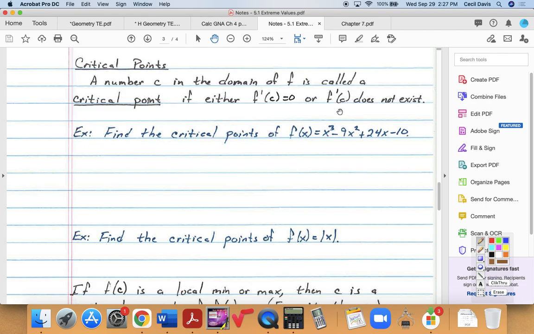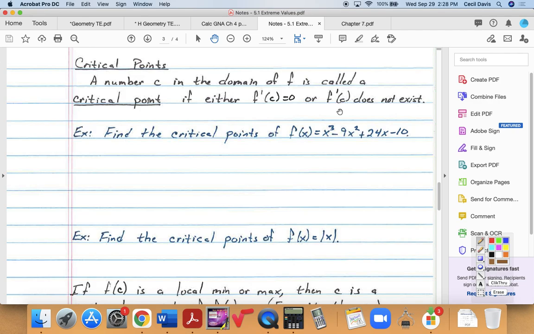Why is it critical? Well, because at that point, your function may change directions. It's a little bit like you pull up to a stop sign. Once you are stopped, is it possible that you could throw it in reverse and go the other direction? Yes. So your direction could change or your direction could keep going, and you don't know which.